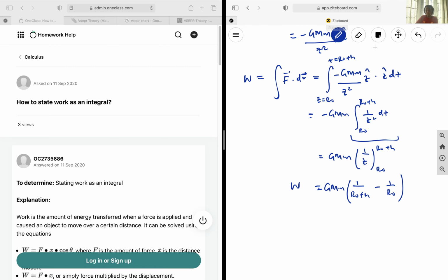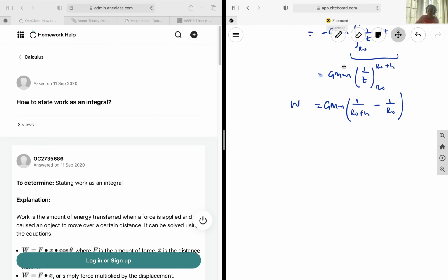as the rocket goes from the surface of the Earth to height h above the surface of the Earth, so R0 plus h. And then remember, lastly, we want this to be escape velocity, which is when h is going to infinity. So we'll want the limit as h approaches infinity of W. And so this would be the limit as h approaches infinity of GMm times 1 over R0 plus h minus 1 over R0.